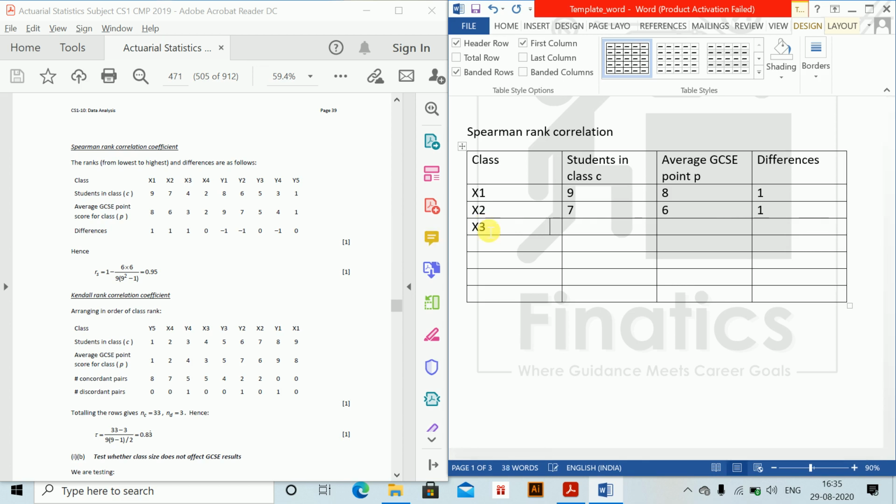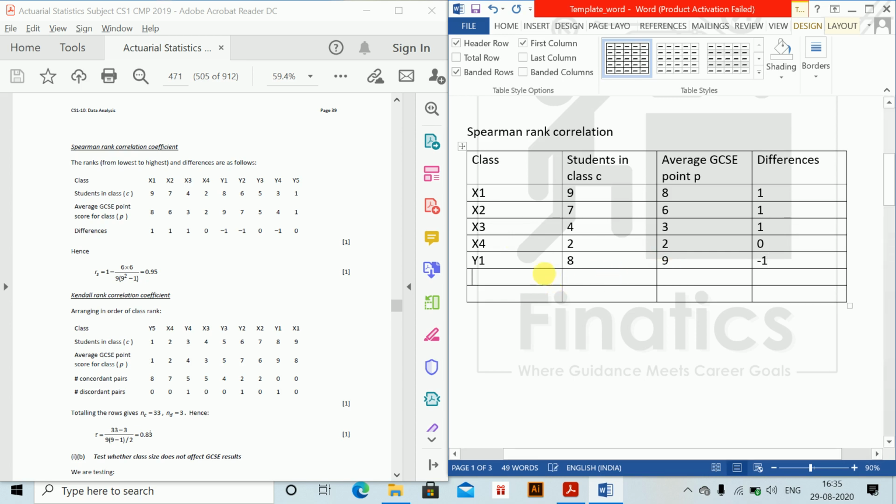We have x3, which is 4, 3 and 1, x4, which is 2, 2 and 0. Then we have y1, which is 8 and 9, so this becomes minus 1.